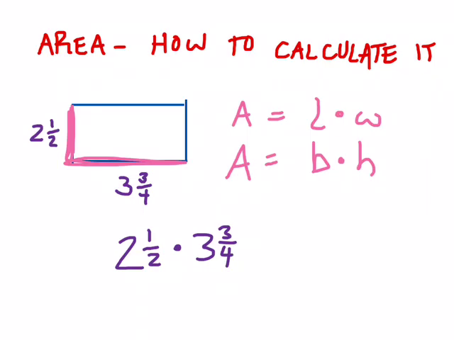To multiply the mixed numbers, I have to convert them to improper fractions. I can't leave them as mixed numbers. So 2.5 is going to become 5 halves, and 3 3/4 is going to become 15 quarters. If you don't remember how to do this, I'll give you a quick overview again. Basically, the denominator never changes.